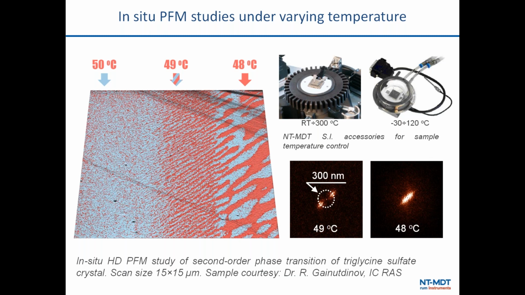We have a pretty large range from -30 to plus 300 Celsius, doing in situ measurements of the sample. And in this case, you can see that the domain structure of the TGS changes dramatically going through the Curie point. So why not use the standard good old PFM in this case?